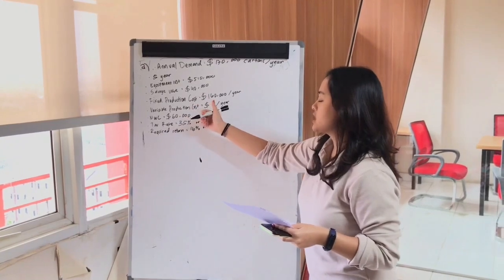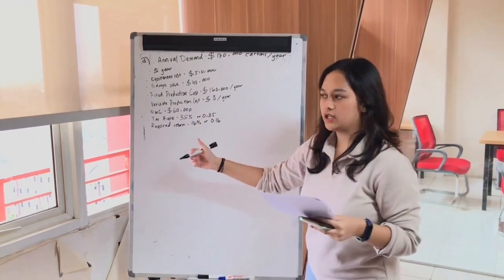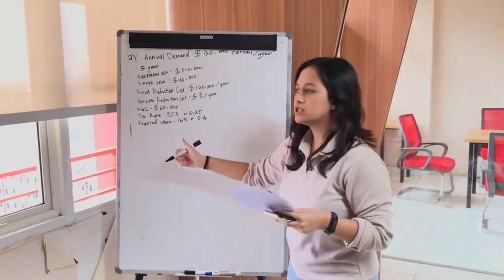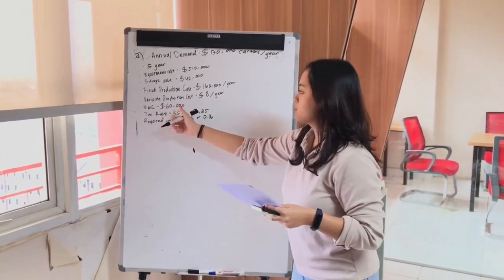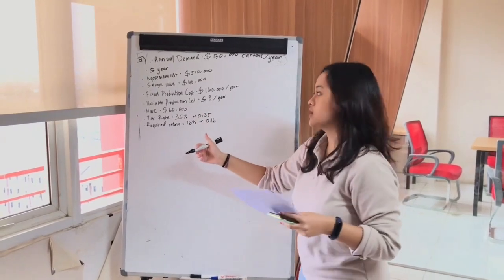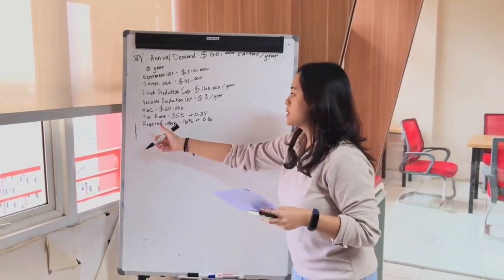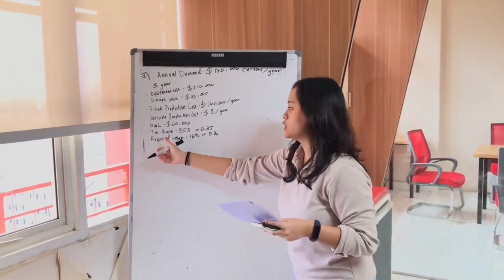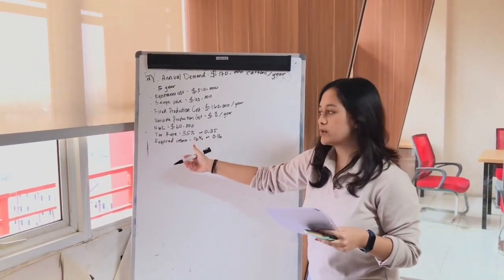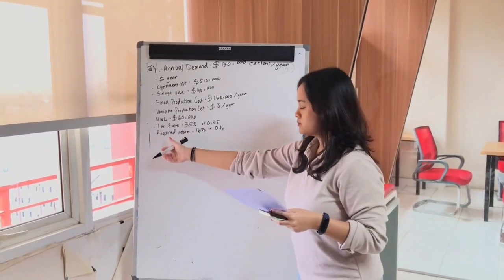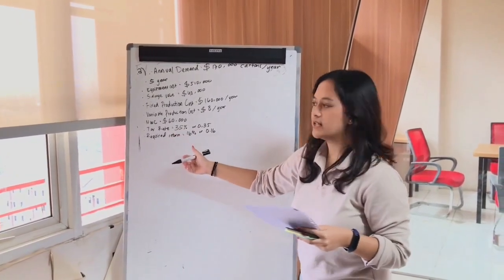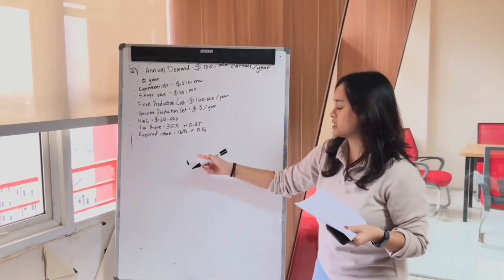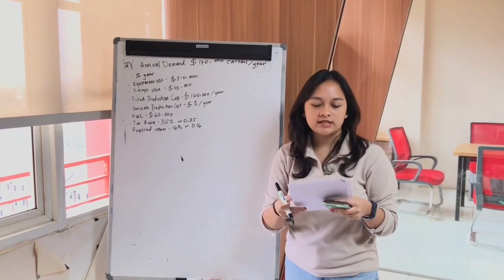The equipment cost is $510, the salvage value is $40, and the fixed production cost is $160 per year. The variable production cost is $8, and the NWC is $60. The tax rate is 35% or 0.35, and the required return is 16% or 0.16.